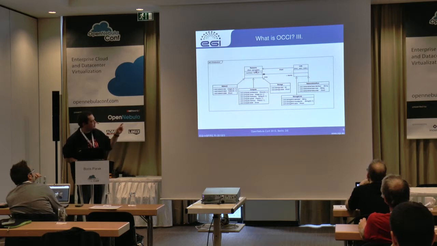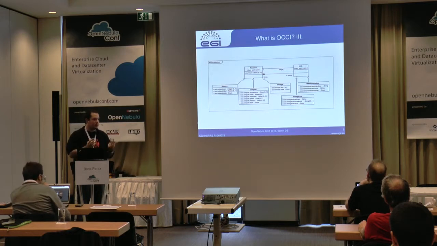That was the element that actually ended the previous diagram. And we have network, compute, and storage. Three basic elements in every infrastructure as a service cloud. And then we have links. Links are used to link different resources between themselves. So actually, for instance, you have a compute, and this compute element will use a disk or will use a network interface.